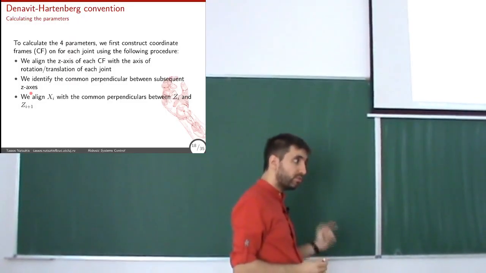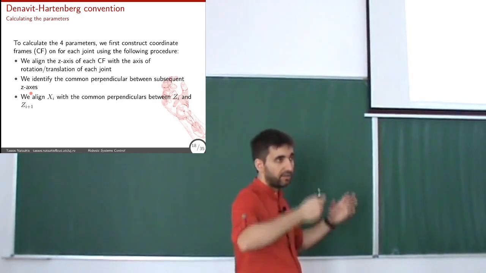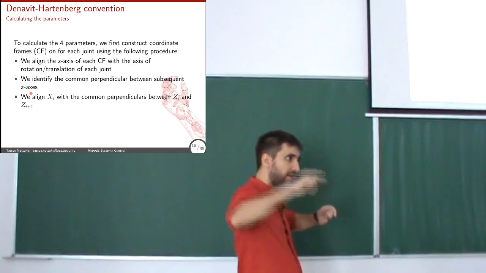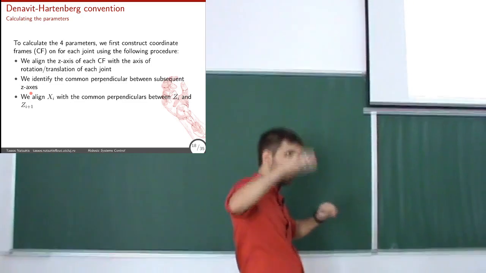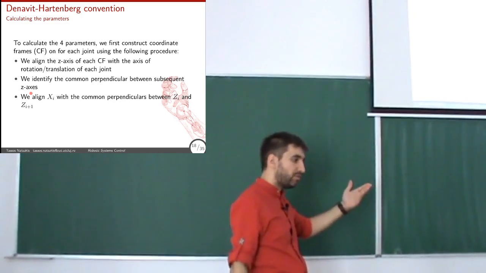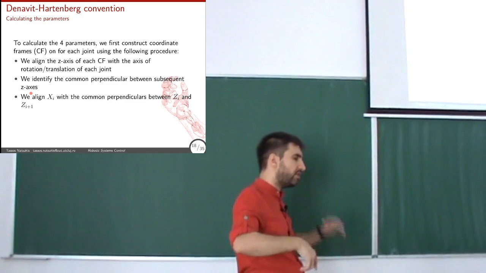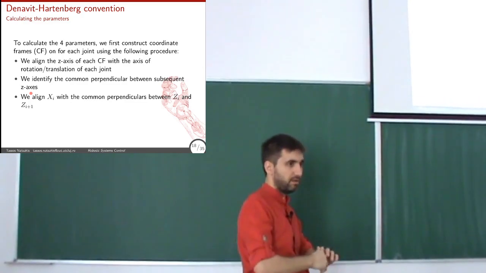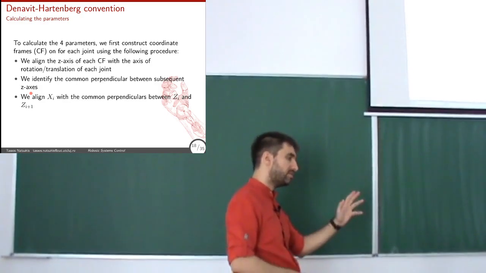And we put the x-axis of the ith joint aligned with the common perpendicular between zi and zi plus 1. So x1 will be aligned on the common perpendicular between z1 and z2. x2 will be aligned with the common perpendicular of z2 and z3.